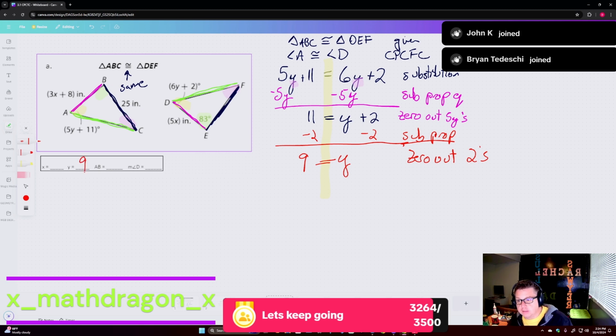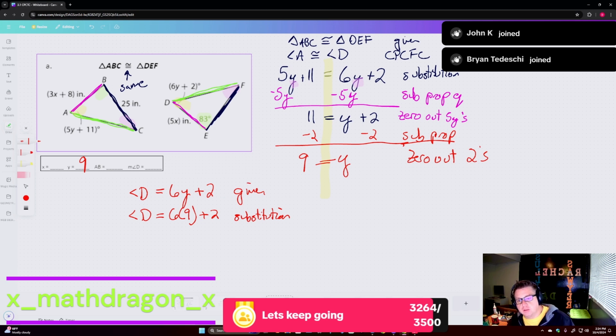So y is 9. Now, if we wanted to find what A to B was, I guess we have to plug x in. But angle D equals 6y plus 2. So angle D is going to equal 6 times 9 plus 2 because we're going to use substitution. And we can call that given information.